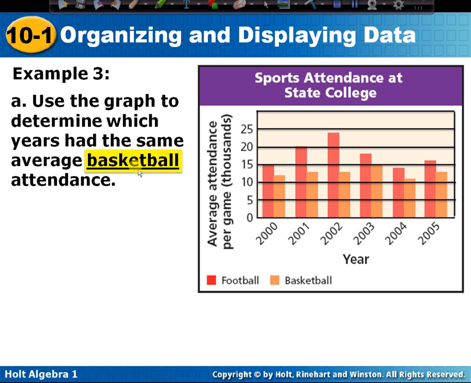Make sure you fill in the word basketball, the underlined word, into your worksheet. So if we look right here, if I draw a line through here, then it looks like 2001, 2002, and 2005 all had the same basketball attendance. So we're going to put 2001, 2002, and 2005.